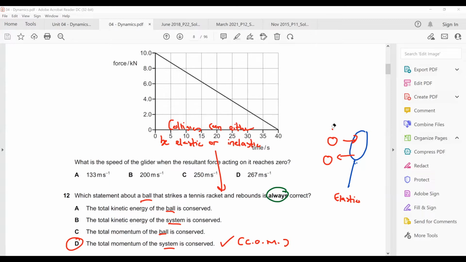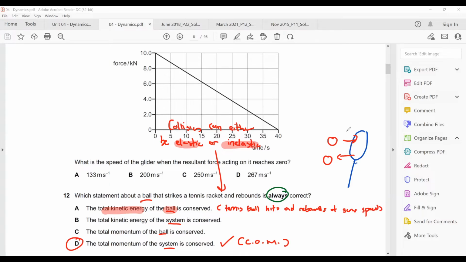Just know that your collision can either be elastic or inelastic. Now, total kinetic energy of the ball is conserved. Total kinetic energy of the ball being conserved means that the tennis ball hits and rebounds at the same speed.